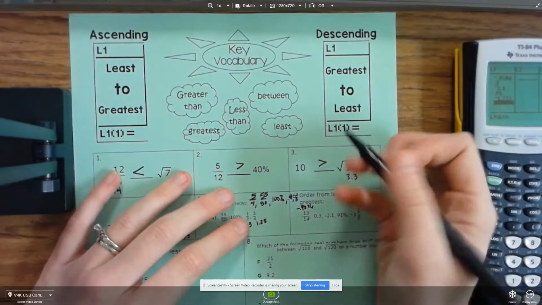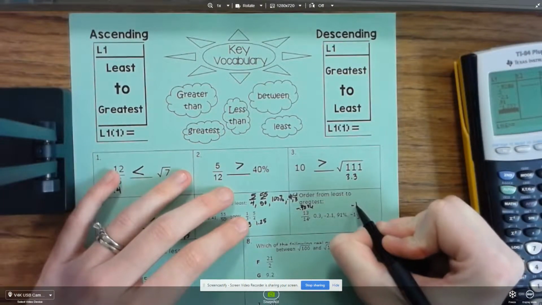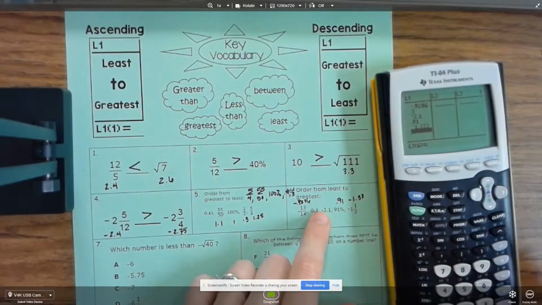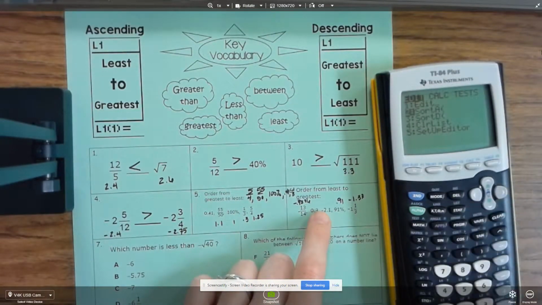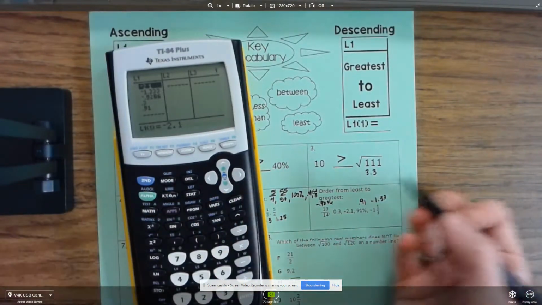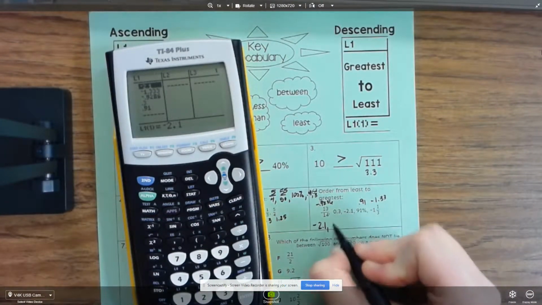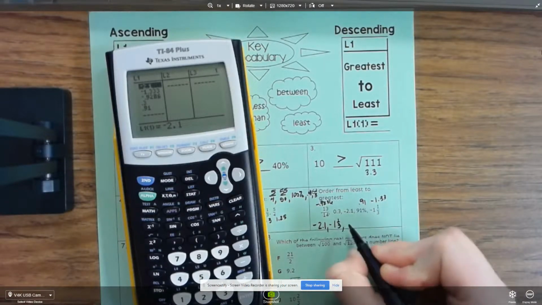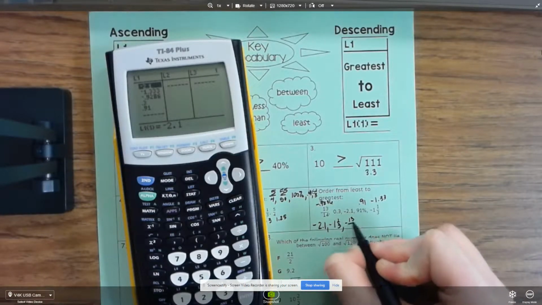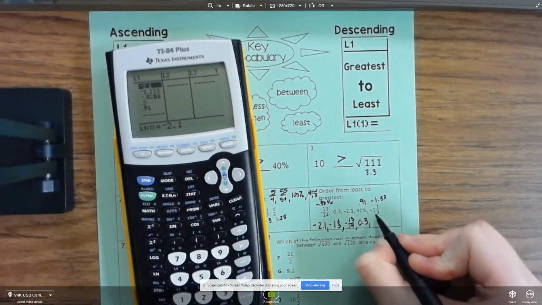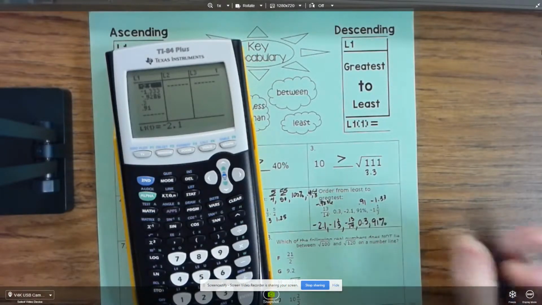Okay, that one is negative 1.33. This one is 0.91. So least to greatest is ascending. We've got the negative 2.1 first, and then negative 1 1/3, and then negative 13 over 14, and then the 0.3, and then the 91%.